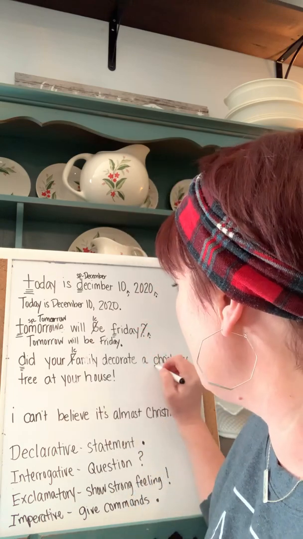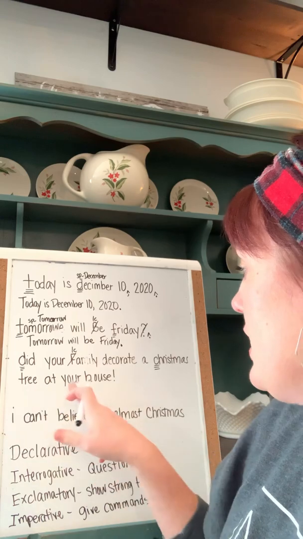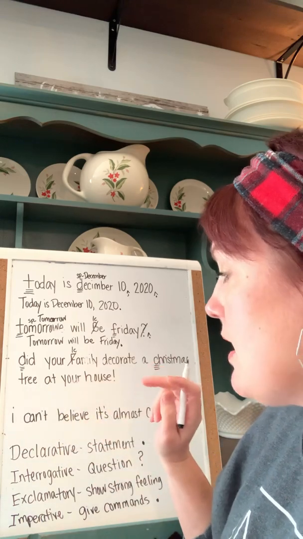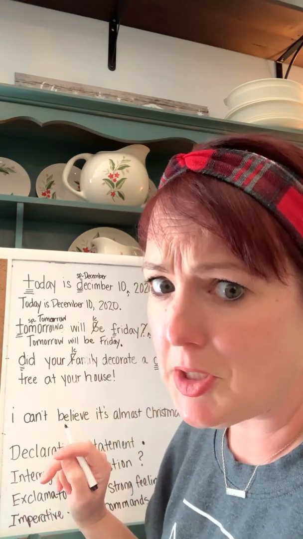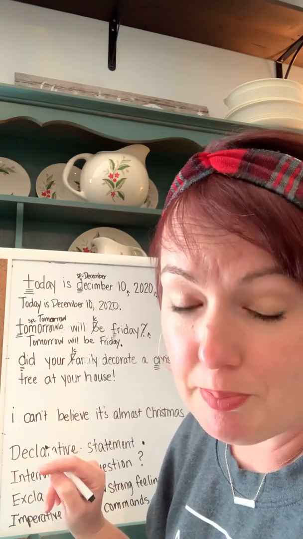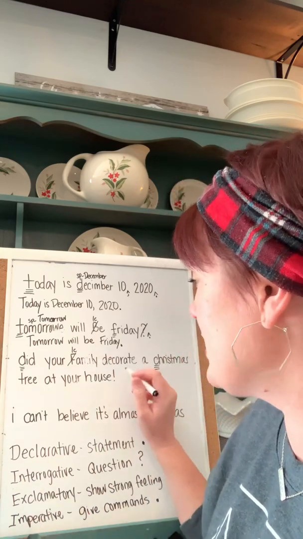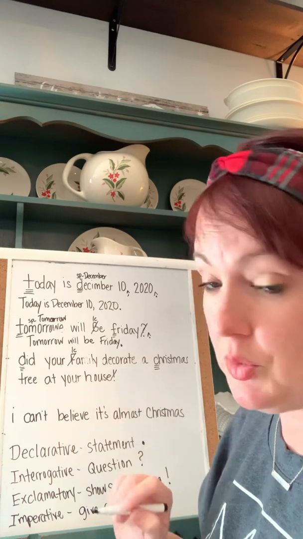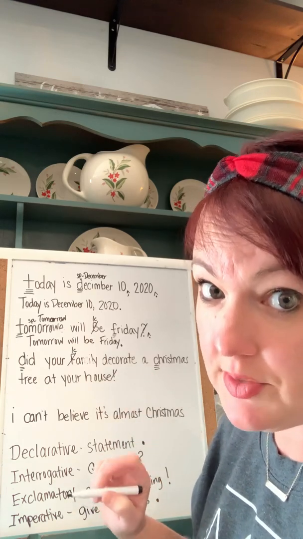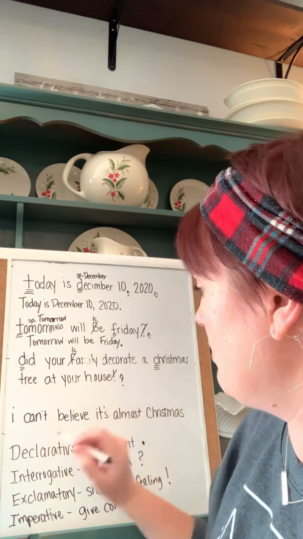That's an important holiday, so it needs to be capitalized. Christmas tree at your house. That's got an exclamation point. And Christmas is exciting, but this sentence starts with the word did, which means we're asking a question. So that should not be an exclamatory sentence. That should be an interrogative sentence.